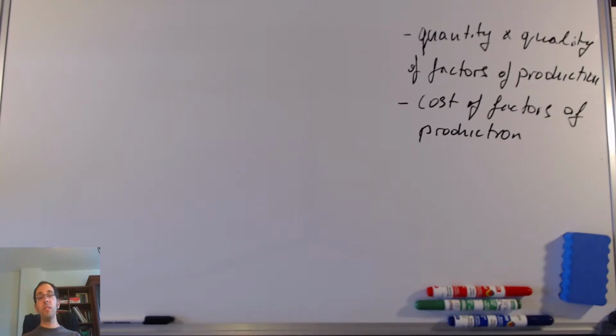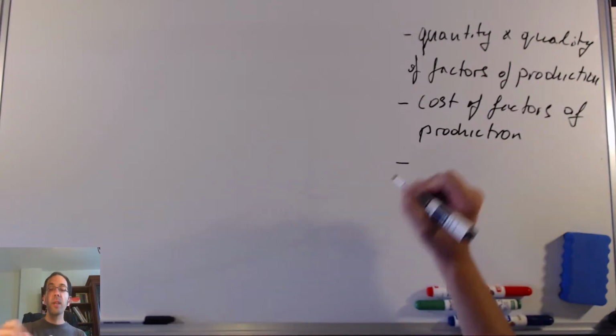So this deals with how expensive resources are. If resources are cheap, then it will be cheaper to produce, and we'll be able to produce more and probably selling more. If resources are more expensive, on the other hand, that would negatively affect supply, and supply should decrease. We would be less willing to sell a product for a given price simply because it's more costly to produce it.